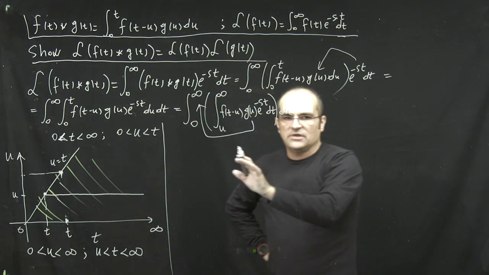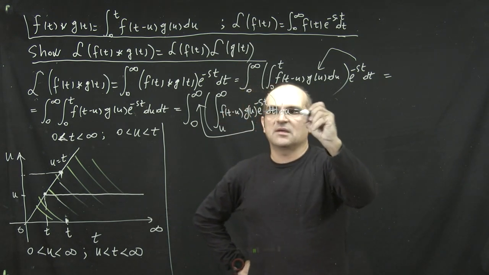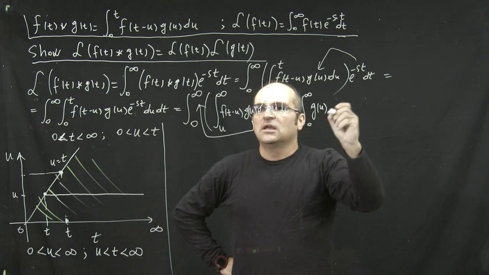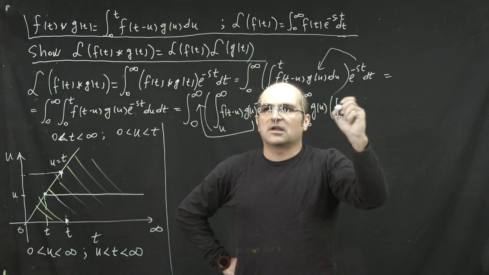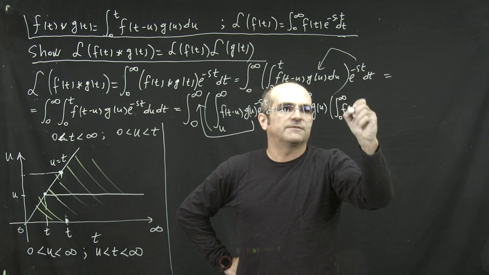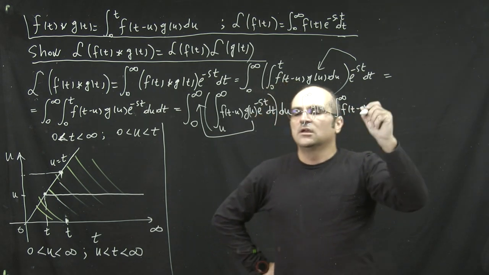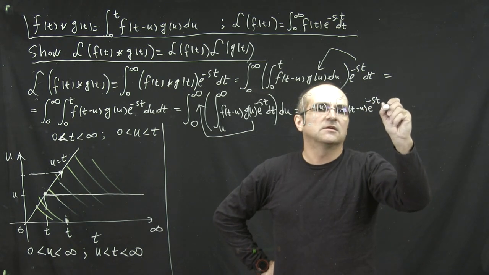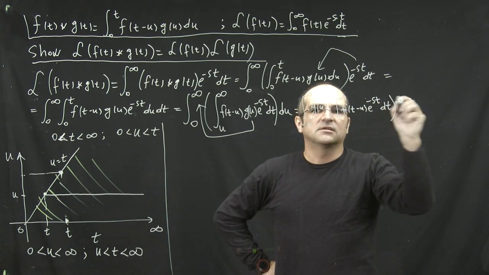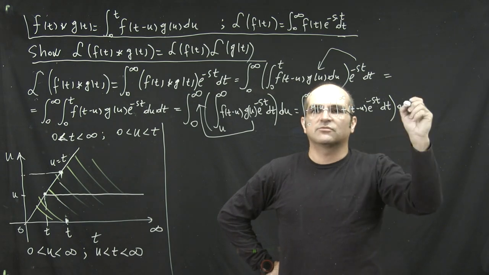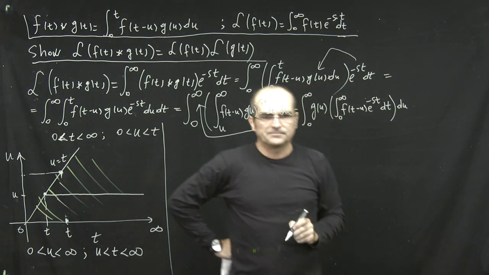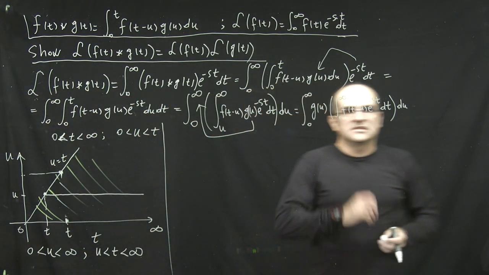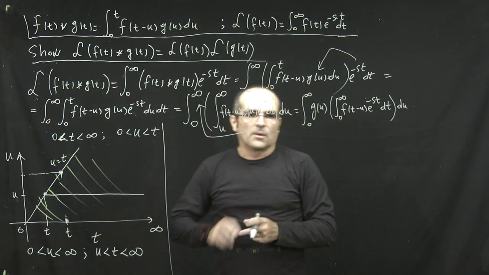So this now becomes the integral from 0 to infinity of g of u, and then the innermost integral from u to infinity of f of t minus u, e to the minus st dt, and then combine with g of u du, that's the outermost integral. It may not seem what's the point of all this, but I hope after this step you will see where we go from here.